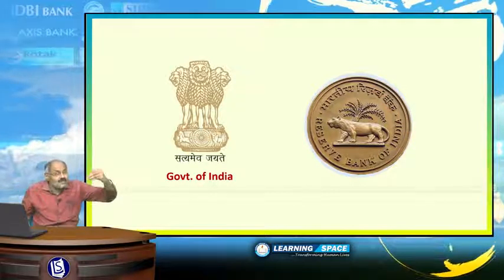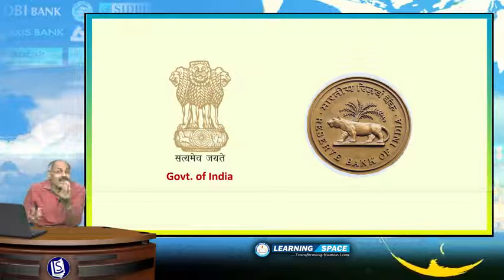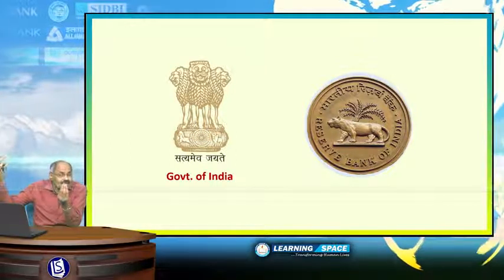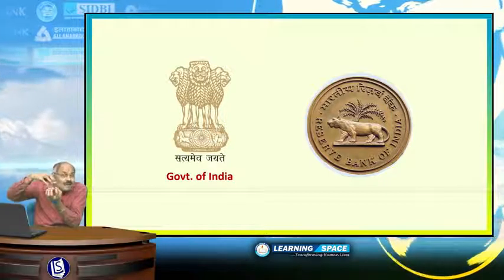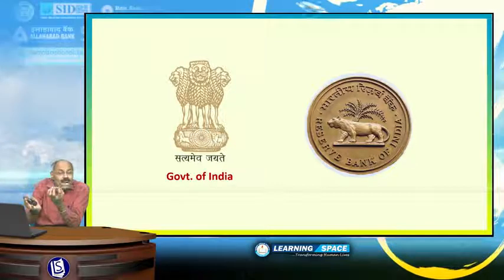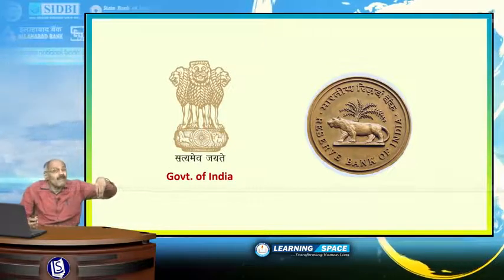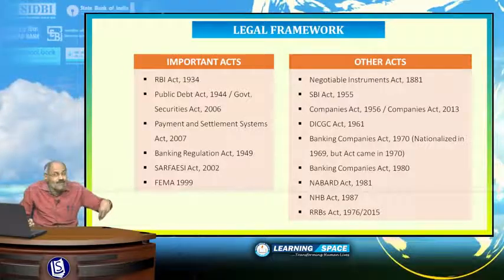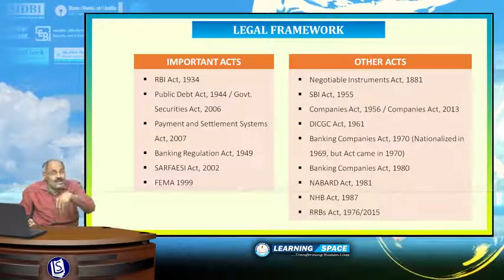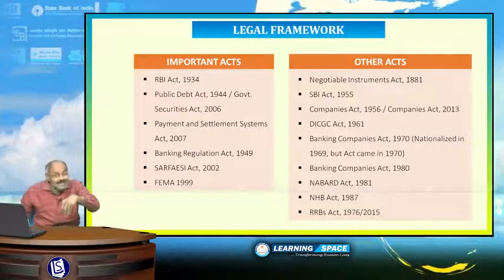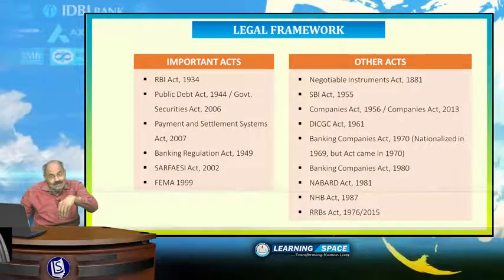And this public debt at present is managed by the Reserve Bank of India on behalf of the government. The Reserve Bank of India acts as a mediator for borrowing money from the public, and this is as per the Public Debt Act of 1944. Now there is news that the government wants to separate this function from the Reserve Bank of India by establishing a Public Debt Management Agency.